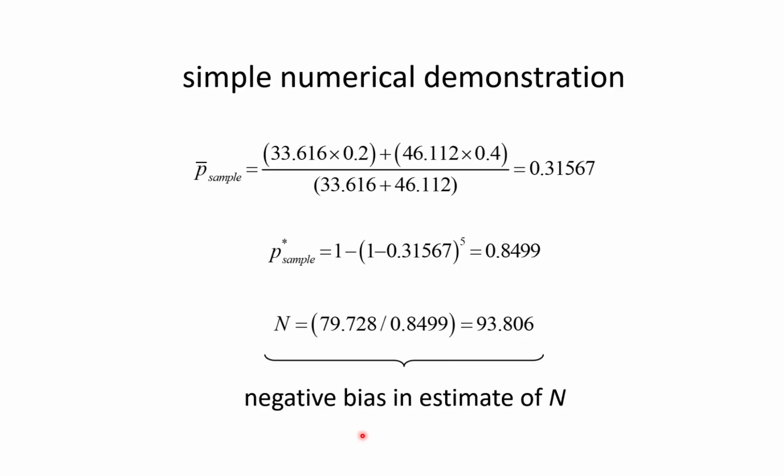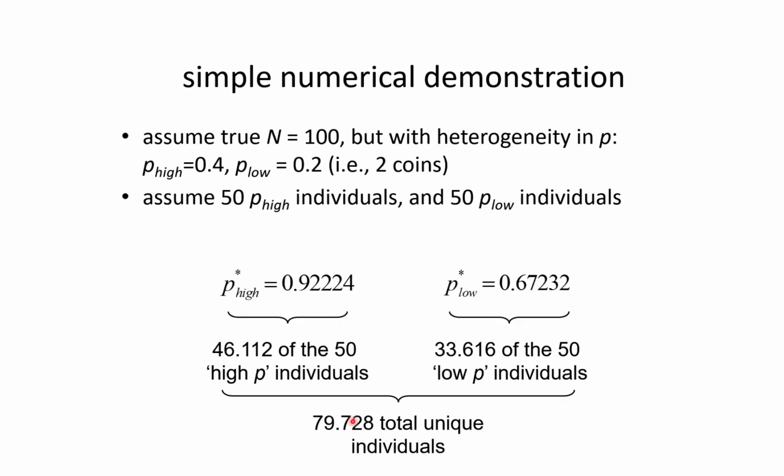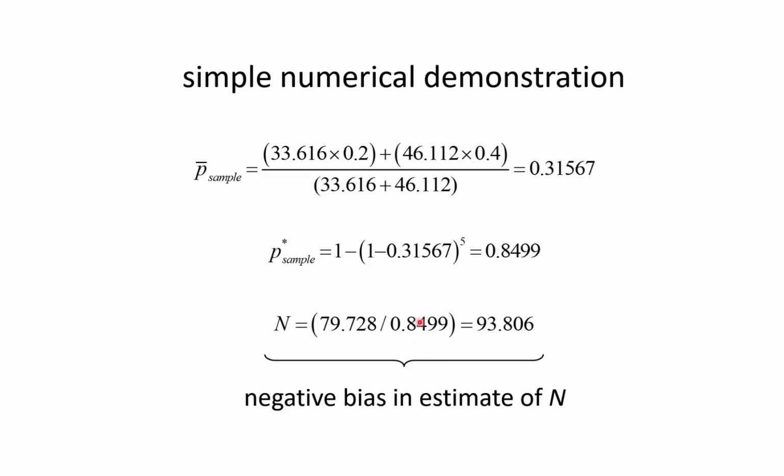All right, well, the mean encounter probability for the sample would be what? It's going to be a weighted average of the 2 types of individuals. We expect to see 33.616 for the low P individuals, 46.112 rather of the high individuals. The total number of individuals that we would expect to see based on the preceding slide, 79.728, is the value here in the denominator.